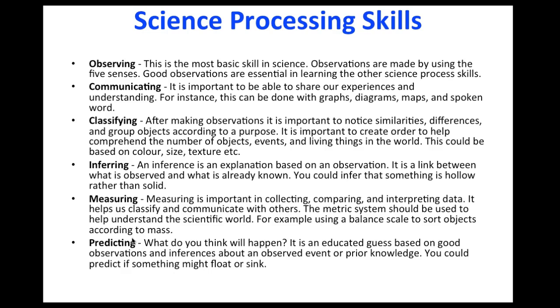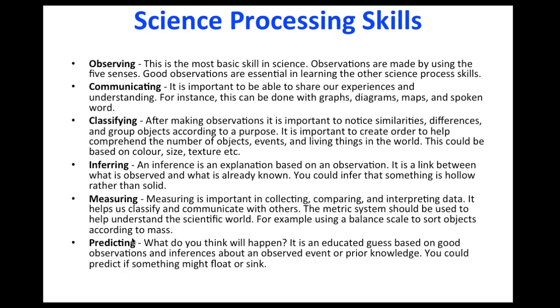Communicating. It's important to be able to share our experiences and understanding. For instance, this can be done with graphs, diagrams, maps, spoken word, and for young children, it's generally illustrations and speaking. So having the language to articulate your ideas and develop language development. Classifying. This is a great one to do with little kids too.